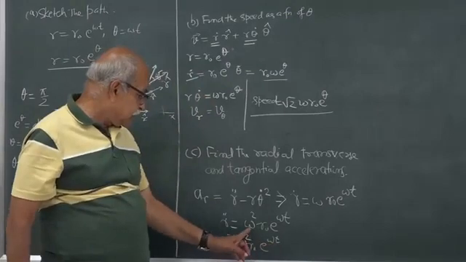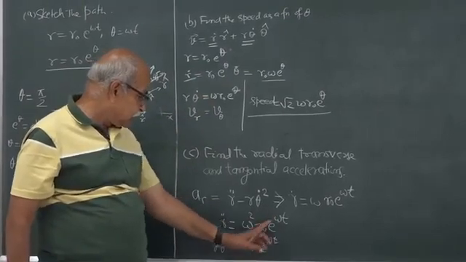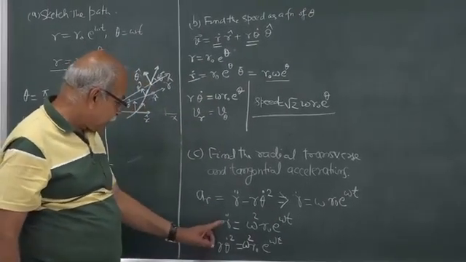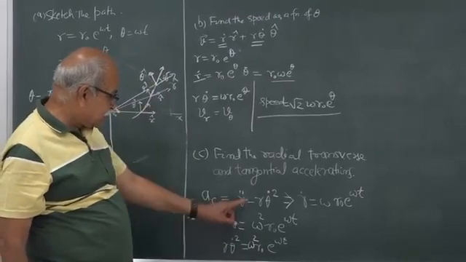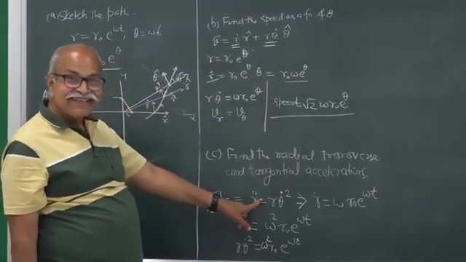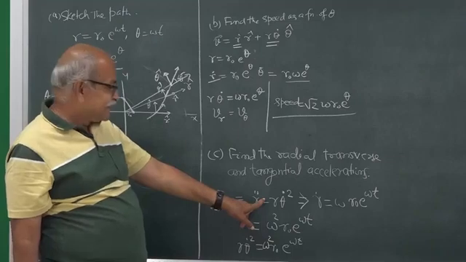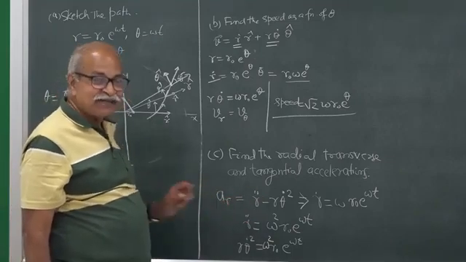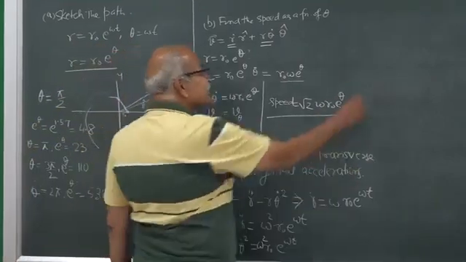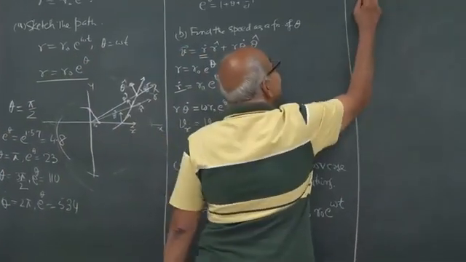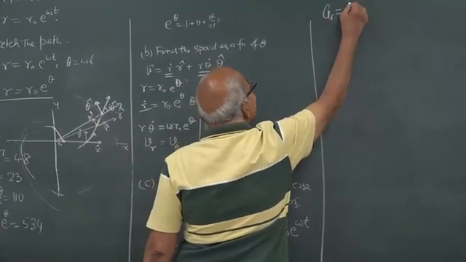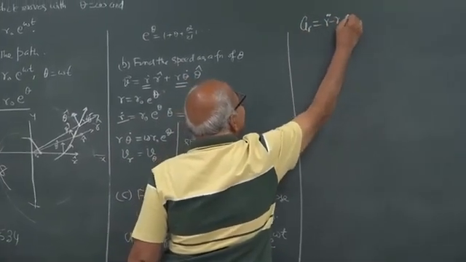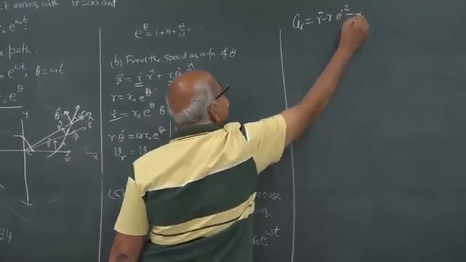Again you see omega square r naught and omega t. So, what is this? This is 0. Interesting. Radial component of the acceleration is 0. So, A_R is equal to r double dot minus r theta dot square, which is equal to 0.